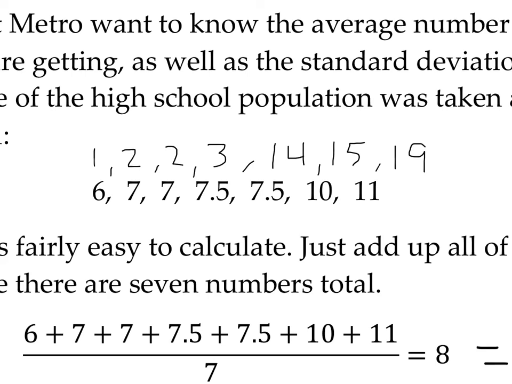Okay, so the funny thing is that the mean of our first data set is 8. The mean of this data set, if you add them all up, 1 plus 2 plus 2 plus 3 plus 14 plus 15 plus 19, you get 56, and if you divide by 7, you will also get a mean of 8.